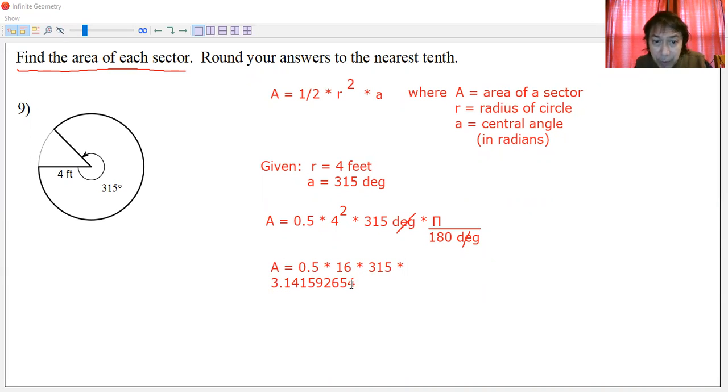Let me retype that because that 3.14 should be just on one line. So we will select this part and just delete.